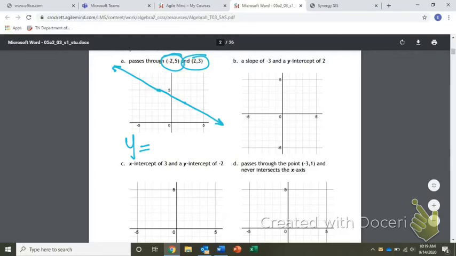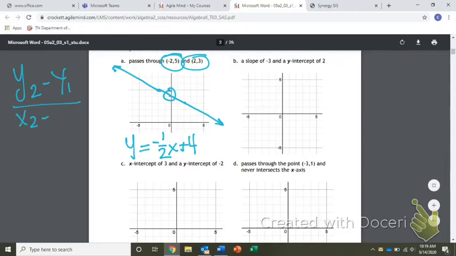So we go down 1 over 1, 2. Down 1 over 1, 2. Is this positive, negative? Negative. And where does it cross? Plus 4.